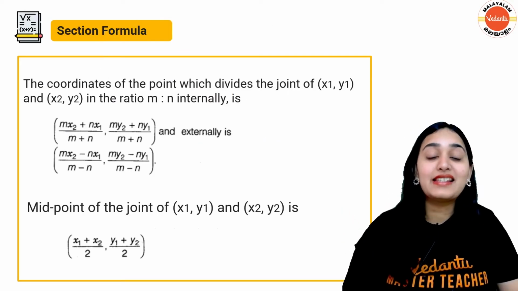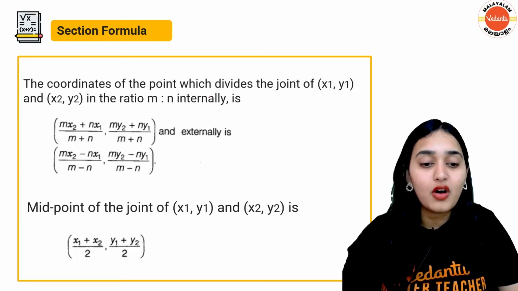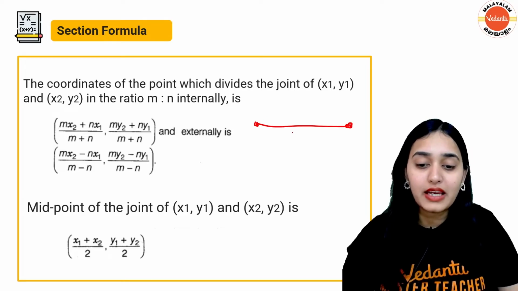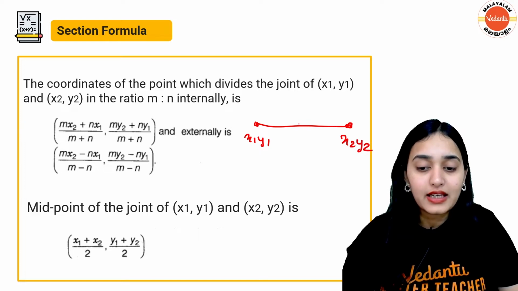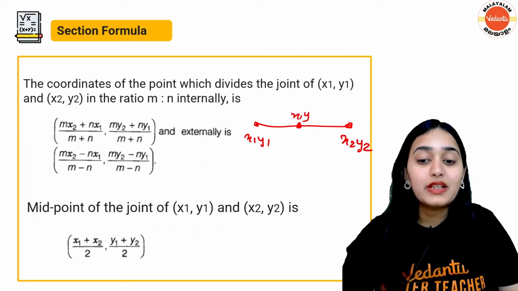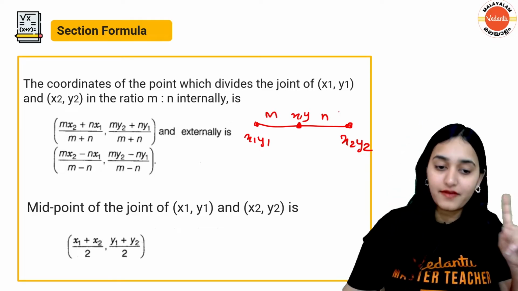Okay. Next is the section formula. Now the coordinates of the point which divides the join of x1, y1 and x2, y2 in the ratio m is to n. Suppose again there are 2 points x1, y1, x2, y2, and there is another point x, y, which is dividing this line in m is to n ratio, not half ratio.